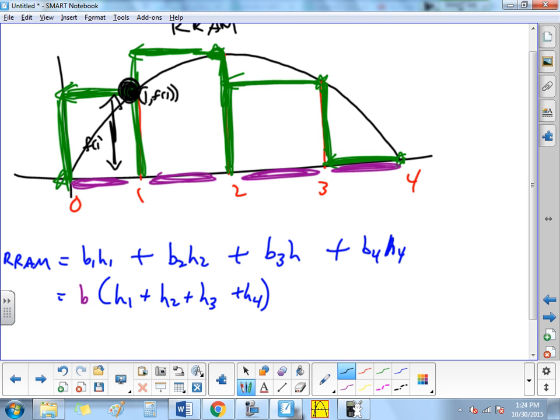It's f of 1 tall. That's how tall it is. Okay. So this is going to look a little different this time. It's going to go like this. Watch. F of 1 plus f of 2 plus f of 3 plus f of 4. Last time, we did not have the f of 4. It went 0, 1, 2, 3. This time it goes 1, 2, 3, 4.